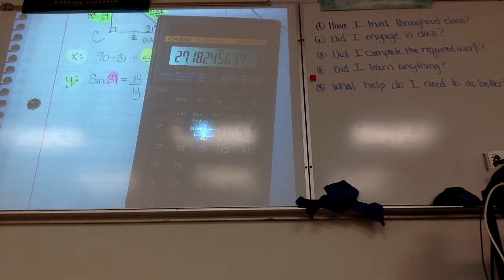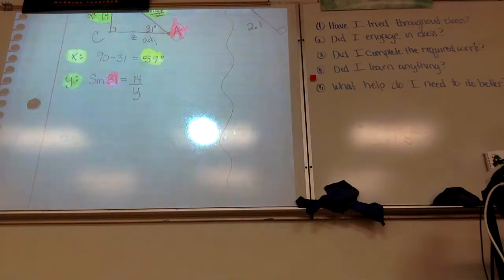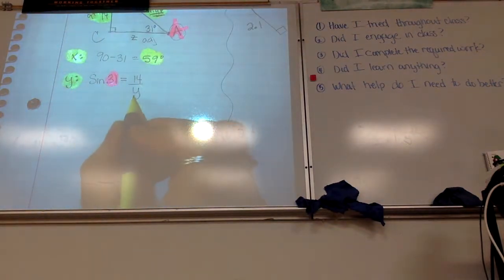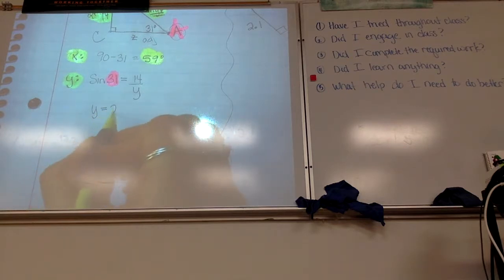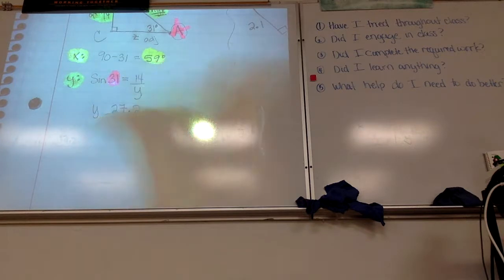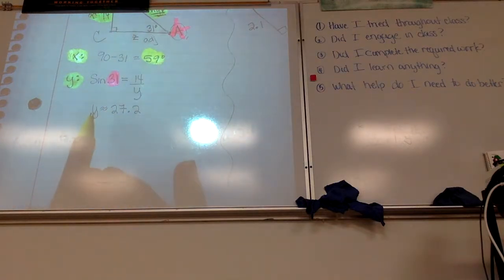We good with that? Questions? If you don't ask a question, I don't know if you're struggling. And like I said, I know a lot of you did pretty well, so if I am boring you, hold on, I'll move on to something new eventually. But the value of y is 27.2. I had a teacher in college that was very clear about using approximation symbols whenever you round.